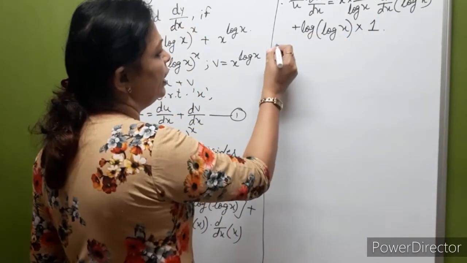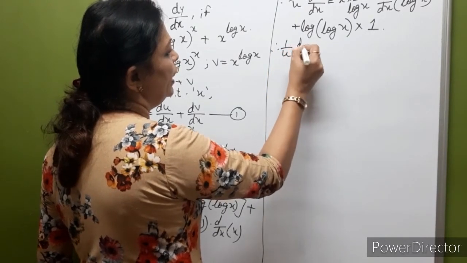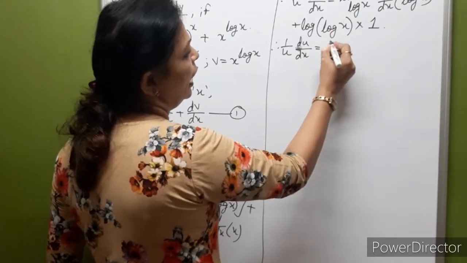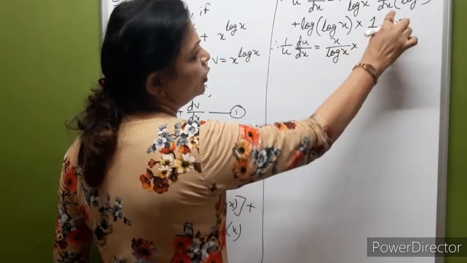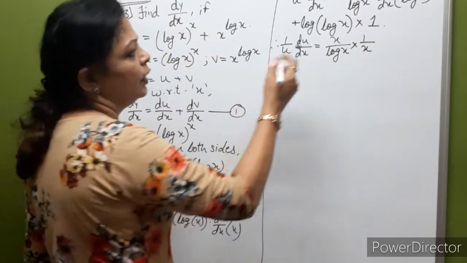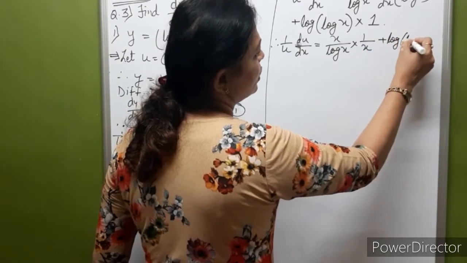So what will I get here? Therefore 1 upon u into du by dx is equal to x upon log x into, derivative of log x will be 1 upon x, plus log of log x.